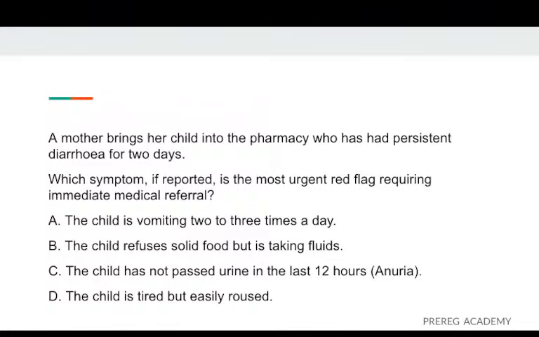What are the treatment strategies? What medications are used for treating meningitis? What are the antibiotic options for meningitis? Okay, so Moni said benzyl penicillin. Okay, what else?